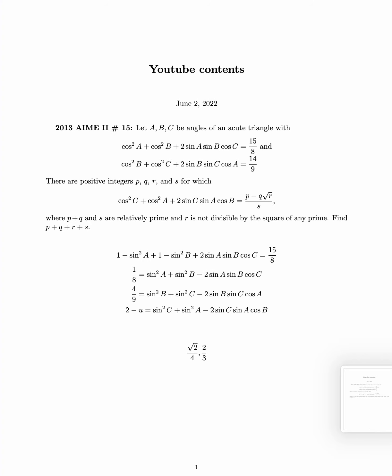Sine square C is equal to sine square A plus sine square B. So we want to find sine square B, actually.